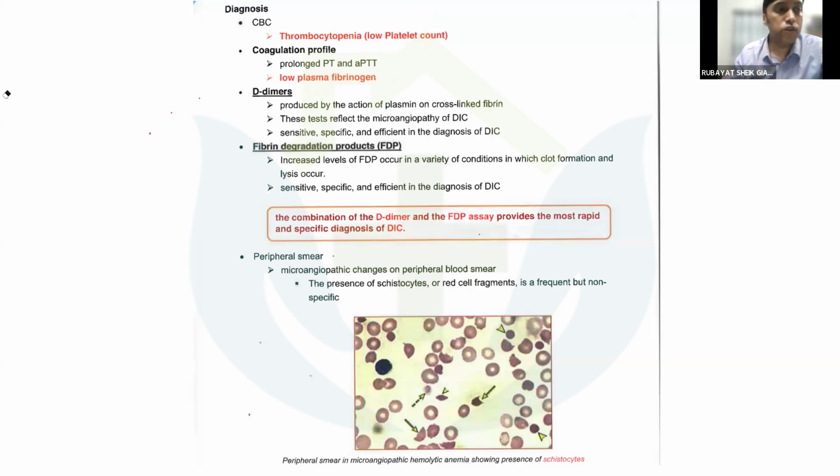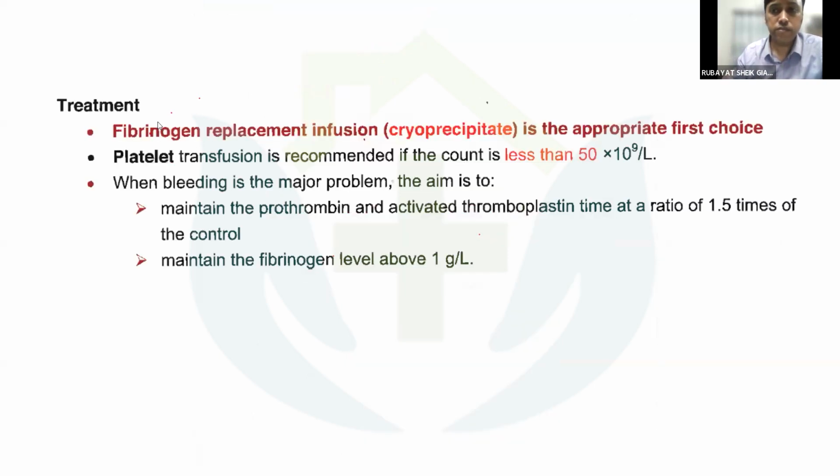This is a very commonly asked question in the exam, very favorite for the examiners, DIC. The usual scenario is acute DIC where you have profuse bleeding. So you have to replace the clotting factors by cryoprecipitate or fresh frozen plasma.